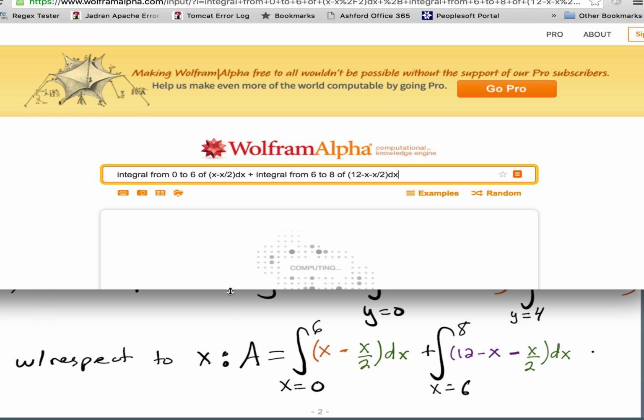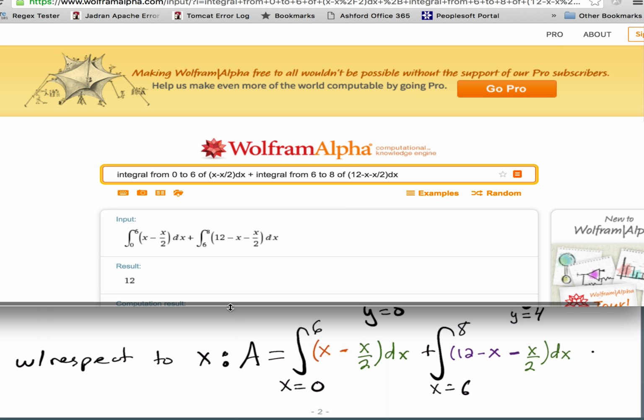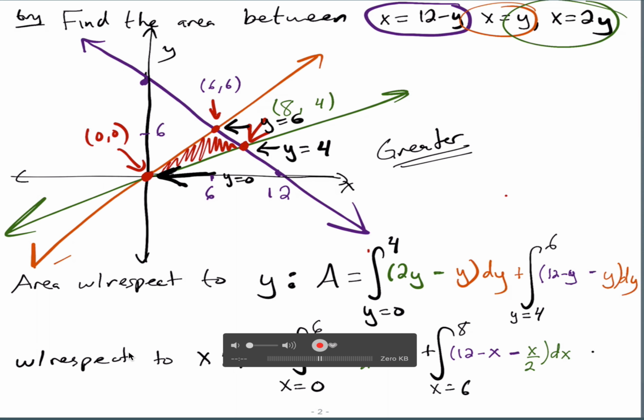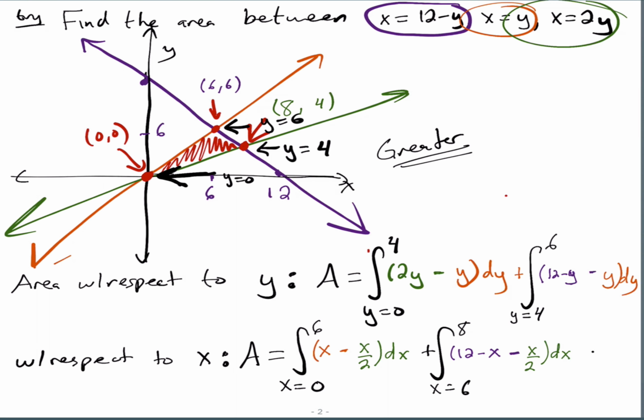All right, what does that say? Snap. What do you think about that? We did it right, for starters. But they're both 12, right? This guy's 12 and that one's 12.